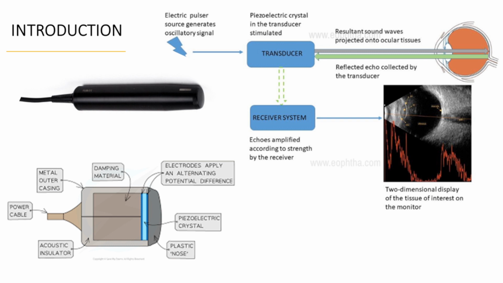These waves are transferred through the transducer and projected onto the ocular surface, where they are reflected back, collected in the transducer, and sent to the receiver system.